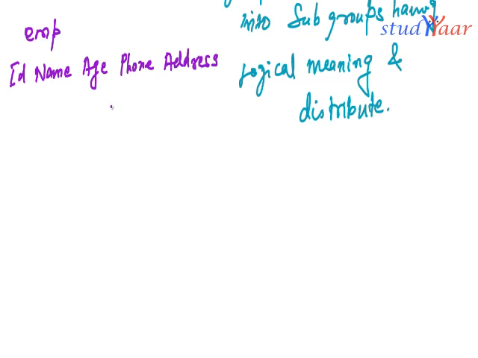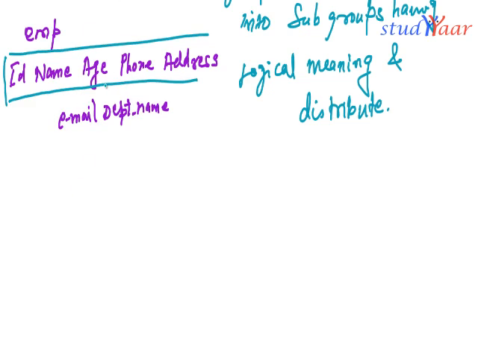What else can we have? The department in which he works, his email. Okay, so let's suppose this kind of information is what I am storing in my employee table.